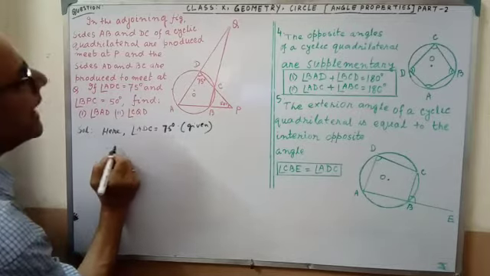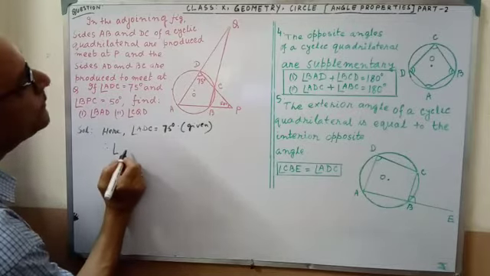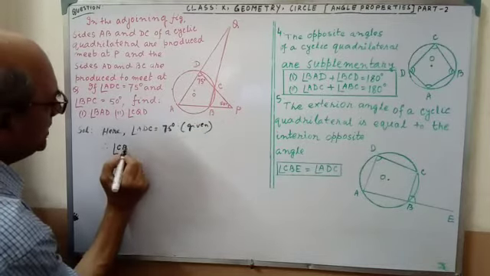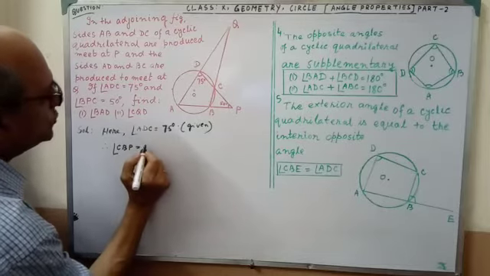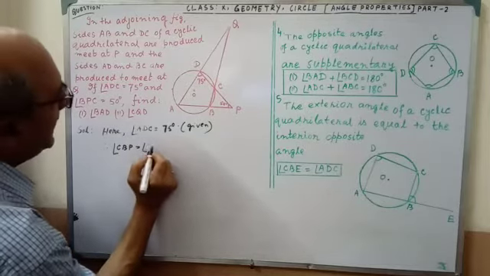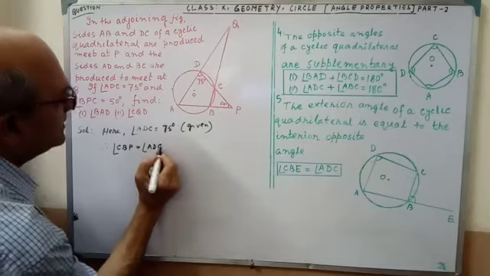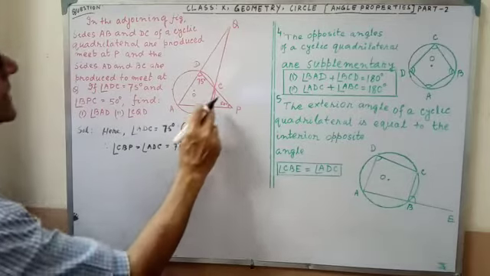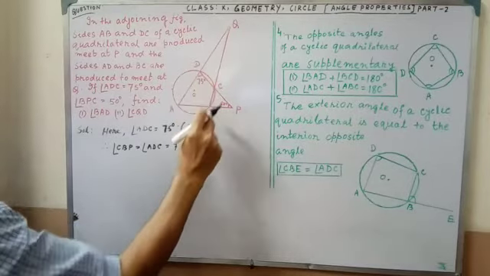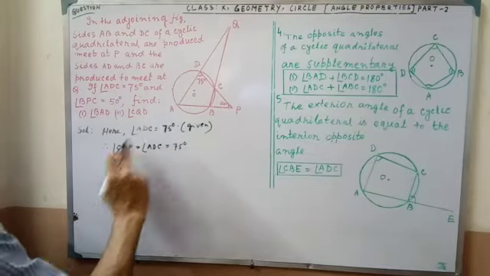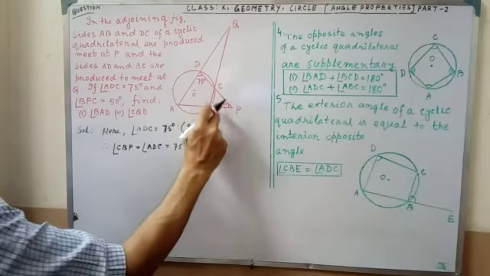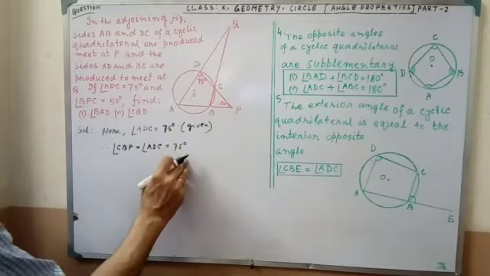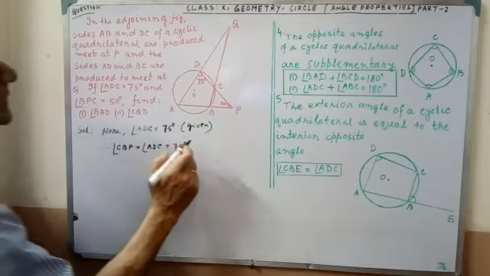Therefore, angle CBP equal to angle ADC equal to 75 degrees. But you have to write the reason: this angle CBP equals angle ABC's interior opposite angle ADC.